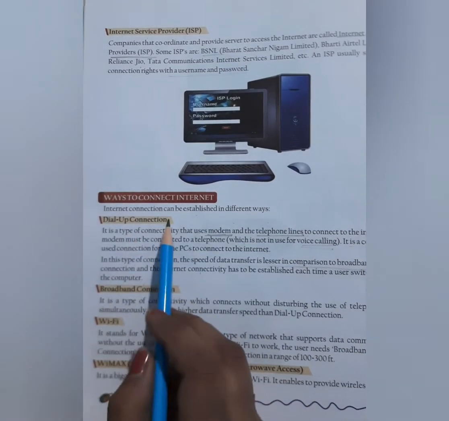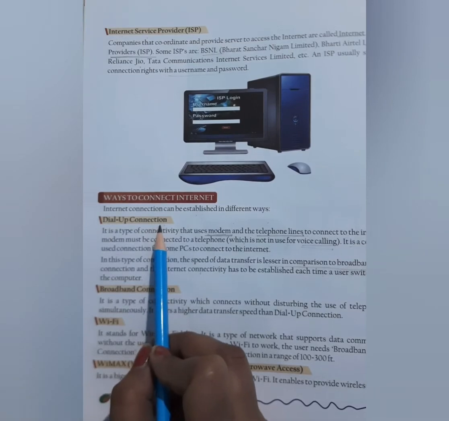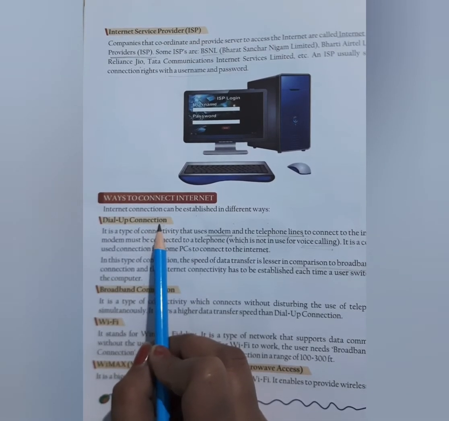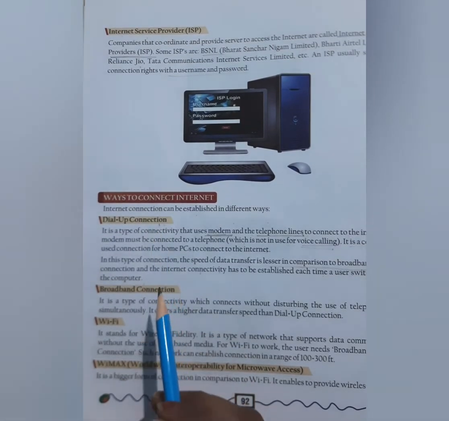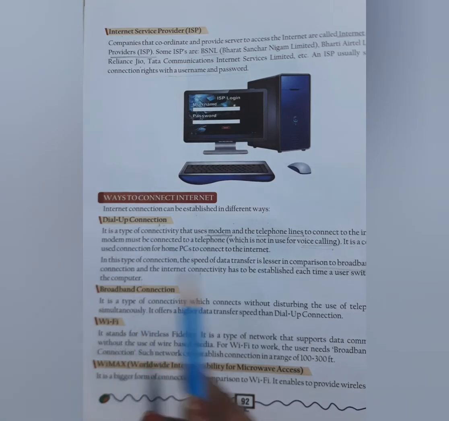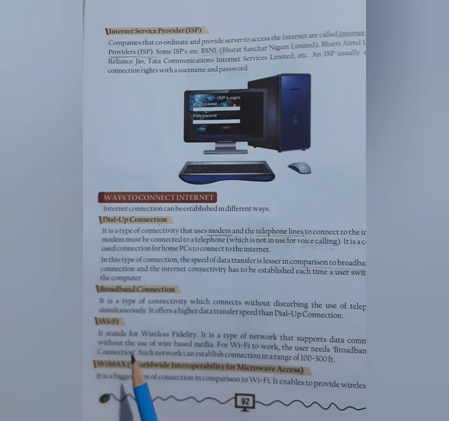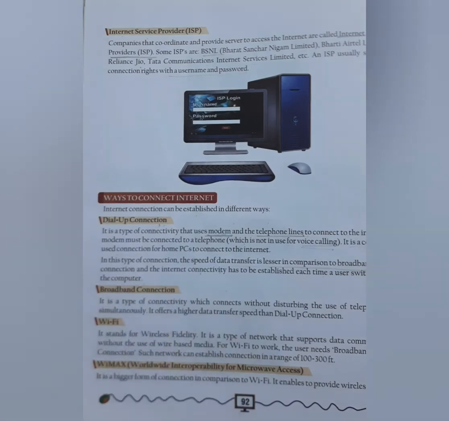This type of connection is usually used at homes for the PCs. The speed of data transfer, meaning the internet connection, is a bit slower than broadband or DSL connection. As soon as you shut down your computer, that connection is ended. Now when you open it again, you again have to set up the whole connection process.